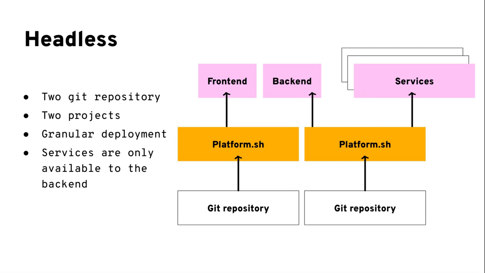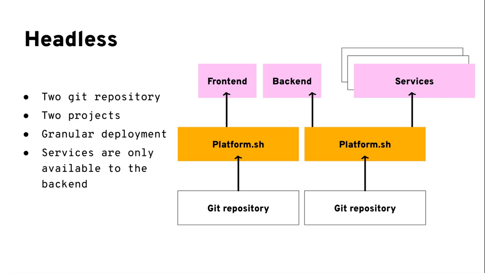But a headless project can also be split into two different Git repositories and be deployed to two separate Platform.sh projects. This is particularly useful if, for instance, a new version of the backend needs to be available at the front-end build time.